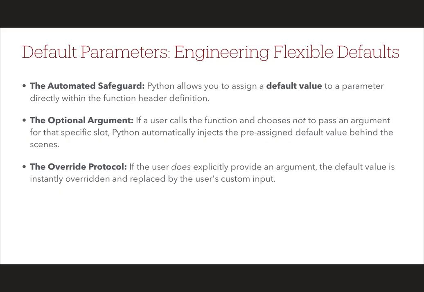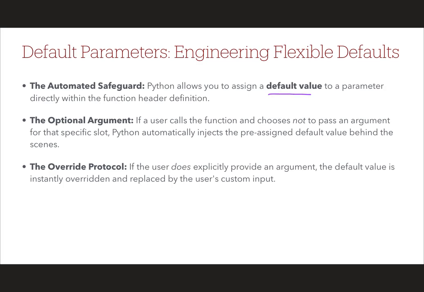Okay. Now, so far, when I define a function, I just declared the names of the parameters inside the parentheses. Sometimes you can assign a default value to a parameter.